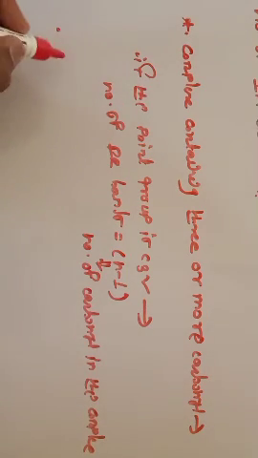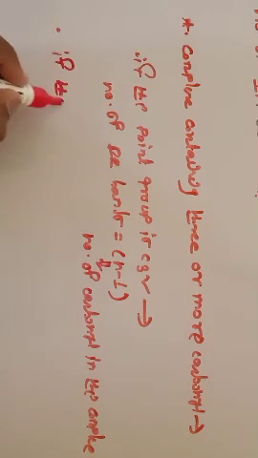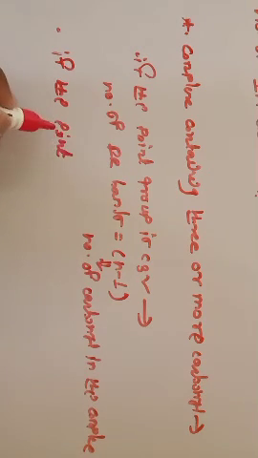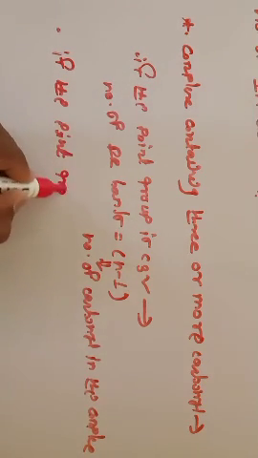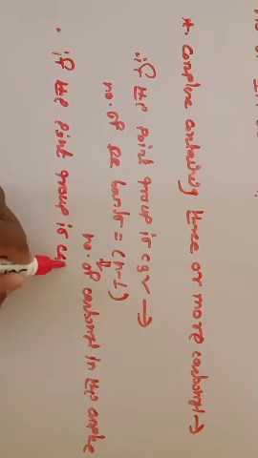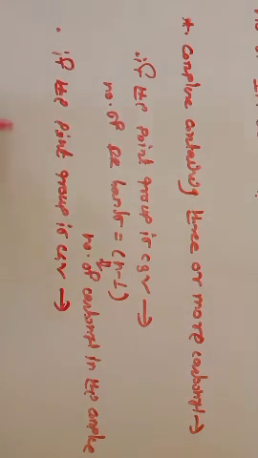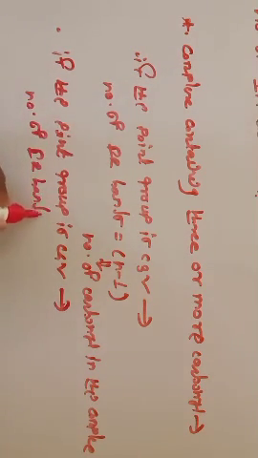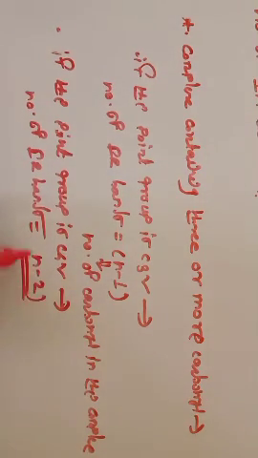The next important point is that if the point group is C4v, then the number of IR bands is equal to n minus 2, where n is the number of carbonyls. So keep in mind: for C2v and Cs, the number of IR bands is equal to the number of carbonyls.